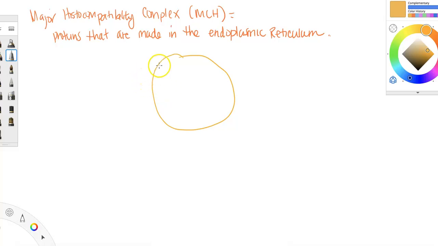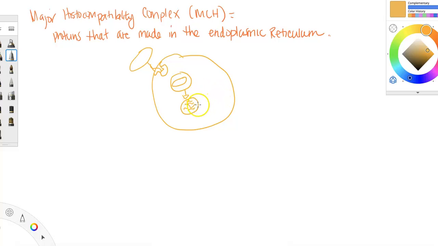So if you have a cell and let's say some bug got into the cell, maybe it was endocytosed into the cell and was in this vesicle. What happens is the vesicle tries to digest it, right? And what it does is it just breaks it down into its little protein parts.